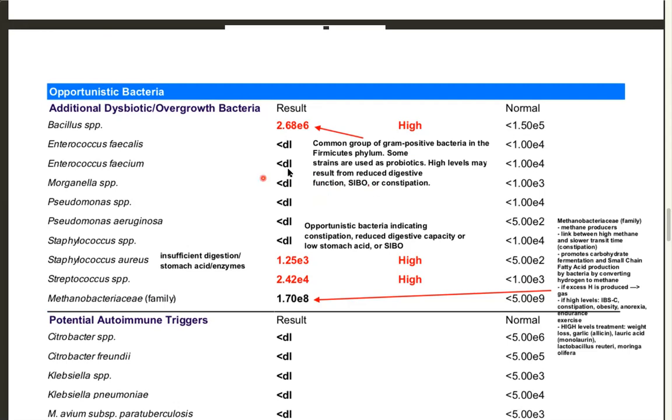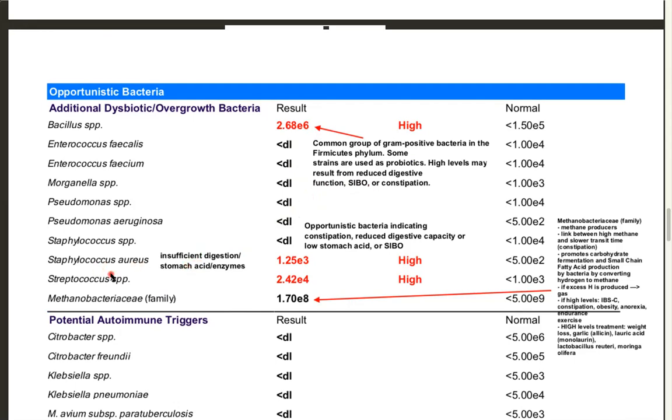Keep in mind that low stomach acid could be caused by an overgrowth of H. pylori. So we have to really figure out, if there is low stomach acid, why the low stomach acid exists. Is it because the person is not eating relaxed? Are they eating too fast? Is it because there is H. pylori? There are many different causes of low stomach acid.